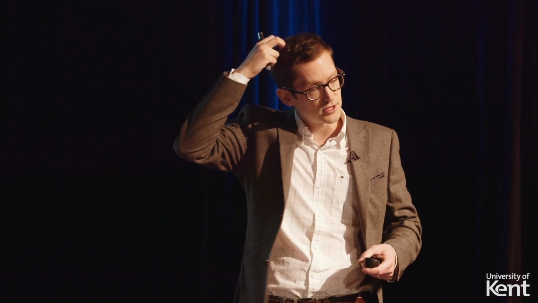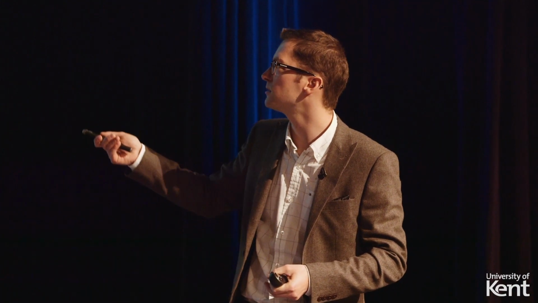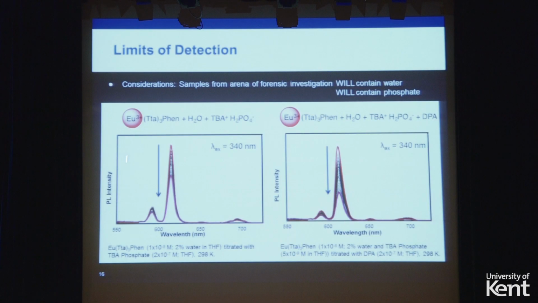One of the most important things about these types of materials is having very high sensitivity. Being able to look at very low concentrations of dipicolinic acid is very important because we don't want people being exposed to significant amounts of this material. If we look at our emission spectrum down in the nanomolar region, which is about 10 parts per billion, we see very distinct quenching of our fluorescence with water and phosphate.